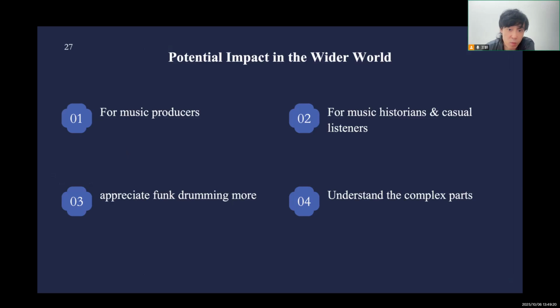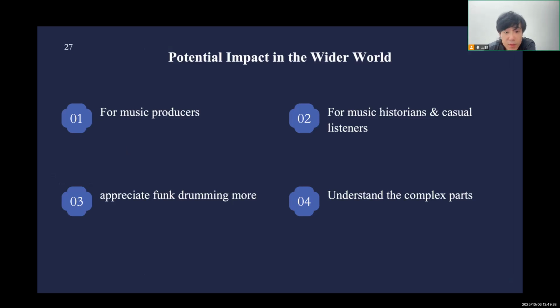Potential impact in the wider world. For music producers, they can use our findings to make funk tracks with the right level of complexity, whether they want a simple groove or a more layered beat.